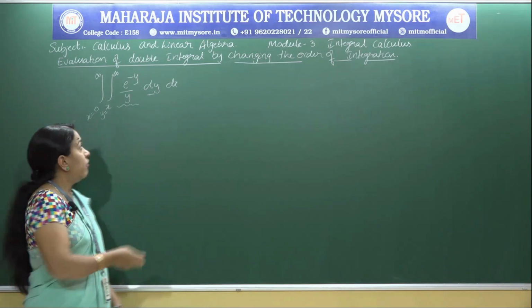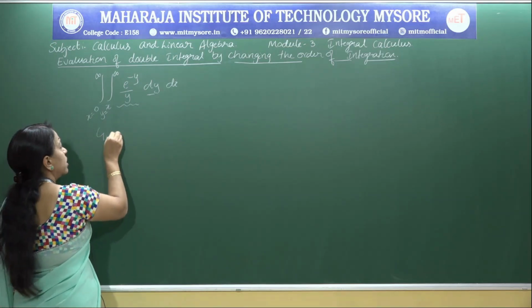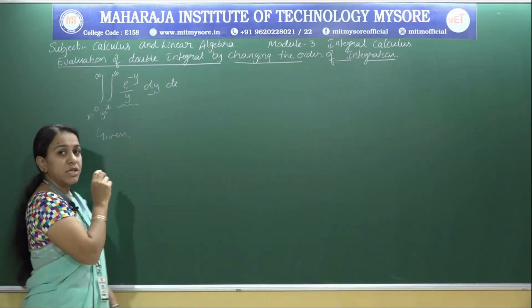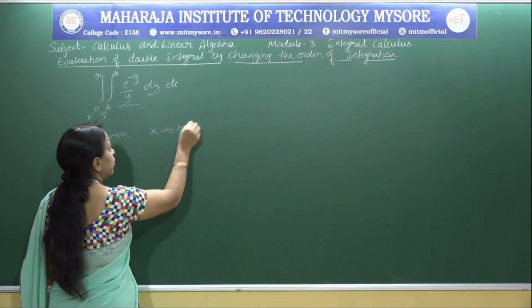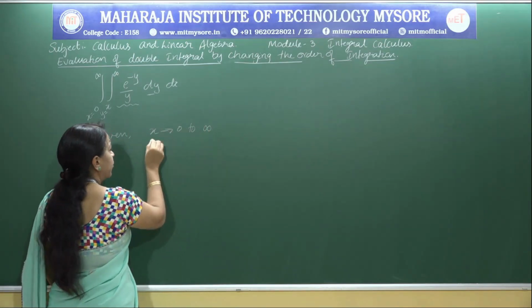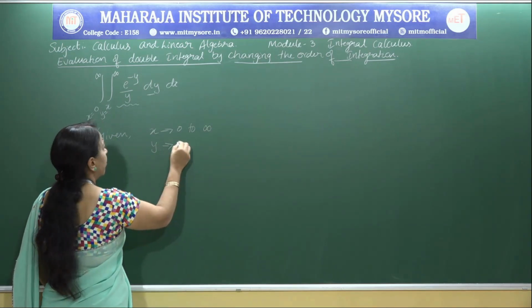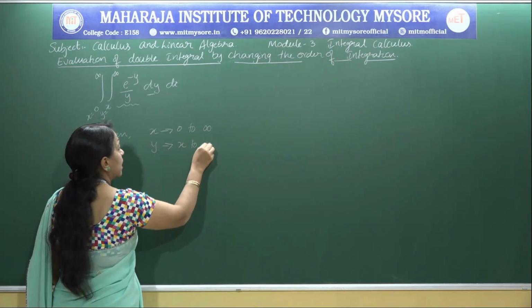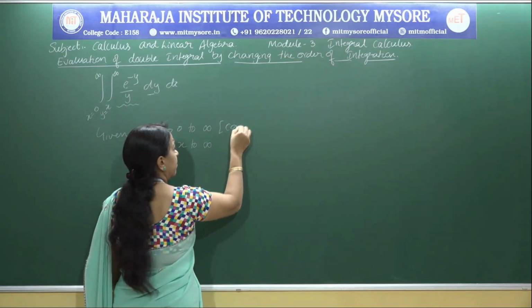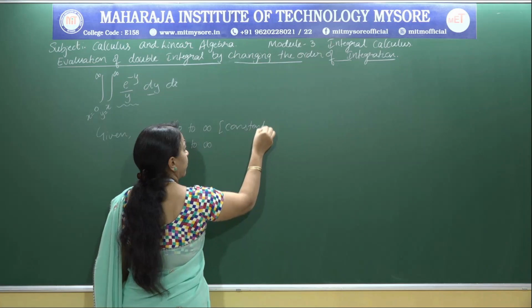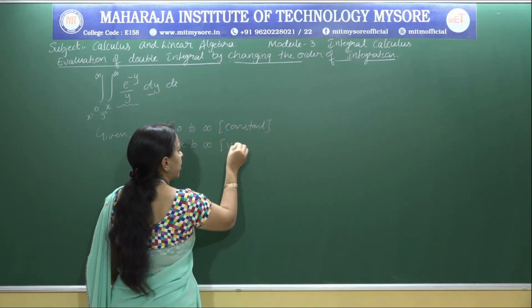What does changing of order mean? The given limits are: x varies from 0 to infinity and y varies from x to infinity. So, x is a constant limit and y is a variable limit.